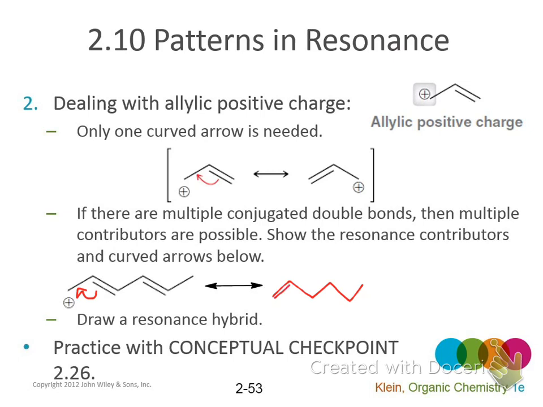I didn't move this double bond. So we're trying to show this in steps, the way you would think about it trickling through the structure. What's missing? Positive charge. And you get the positive charge on the side where I took the electrons away from. So you have positive charge here. And now this pair of electrons can move over to here. So you have another resonance contributor looking like that.